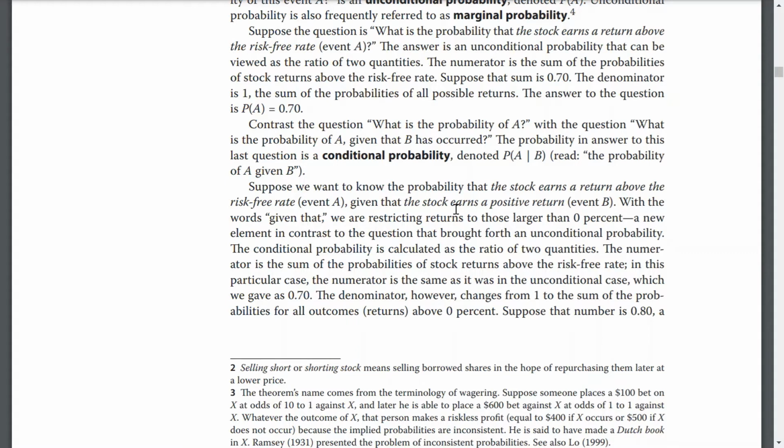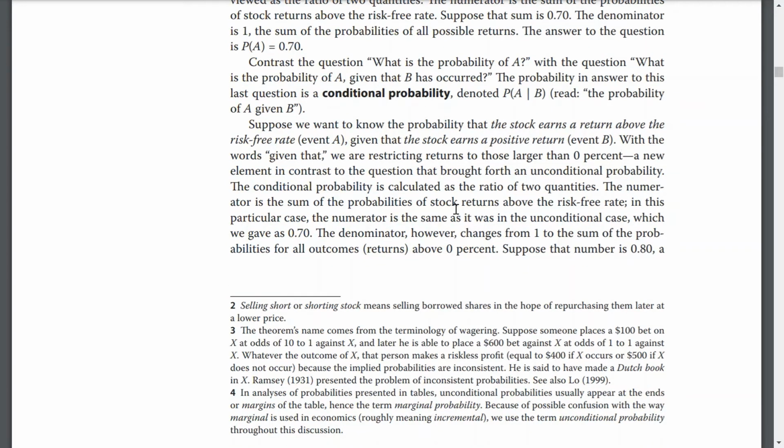A new element is introduced, in contrast to the question that brought forth the unconditional probability. The conditional probability is calculated as the ratio of two quantities. The numerator is the sum of the probabilities of stock returns above the risk-free rate. In this particular case, the numerator is the same as in the unconditional case, which we gave as 0.7.